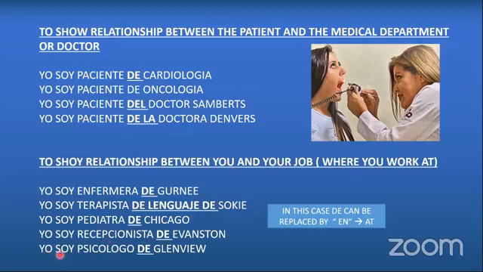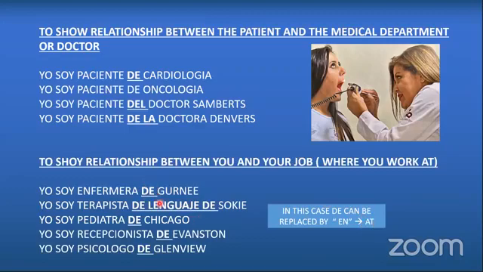Next one here. Yo soy psicólogo de Glenview. Yo soy psiquiatra de Glenview. Yo soy urólogo de Evanston. Yo soy pediatra de Skokie. The tricky part here is that you can use de or you can use en, that means at. You can use of or you can use at.